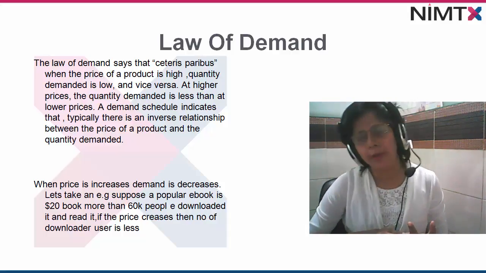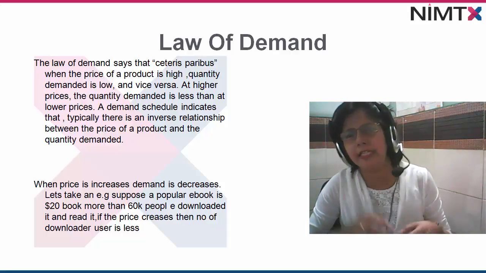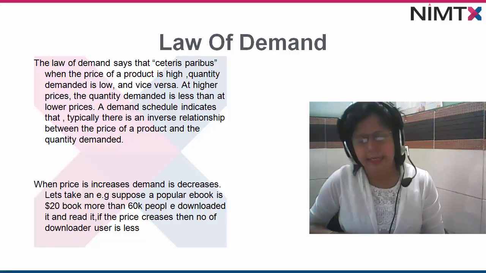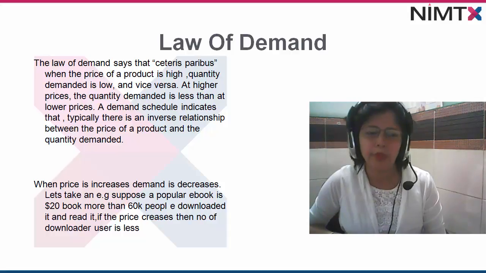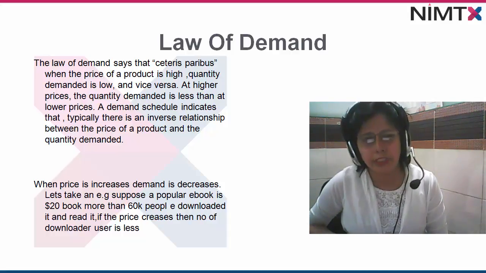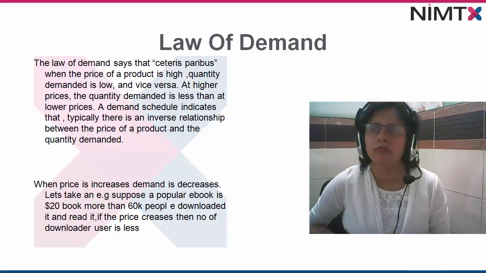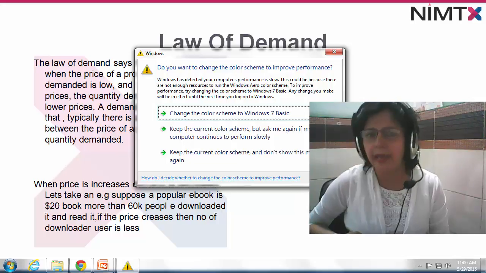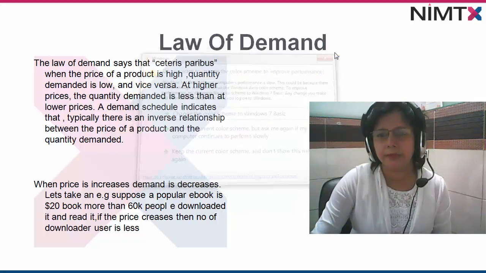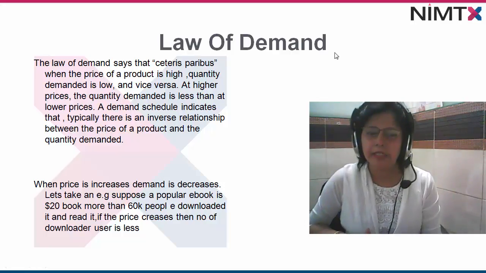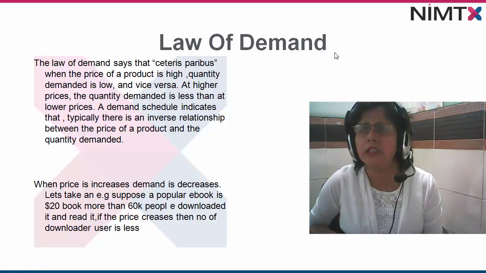Now I am taking an example by which you can easily understand the meaning of demand. Let's take a popular ebook, for example priced at $20, and more than 60,000 people will download and read it. If the price increases, the number of downloaders is less.